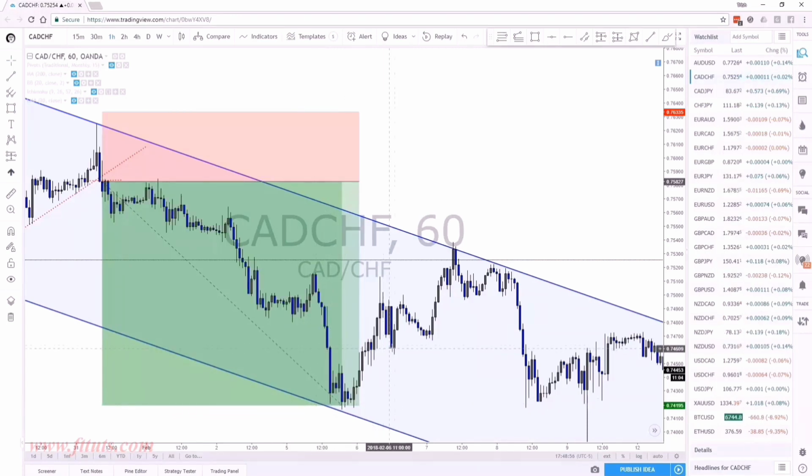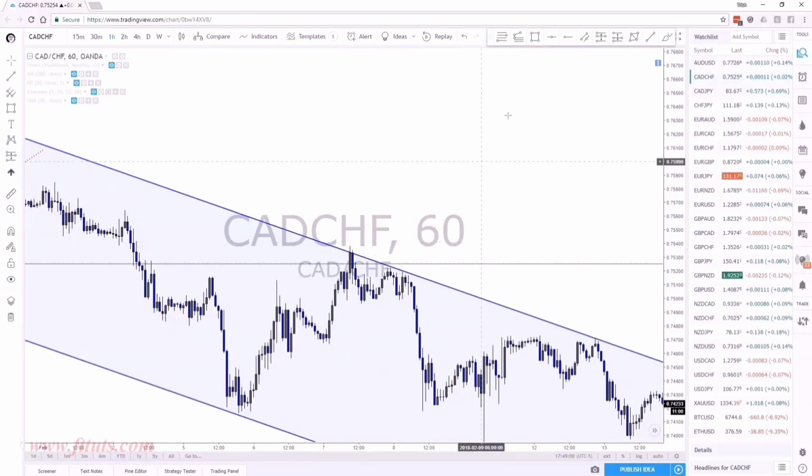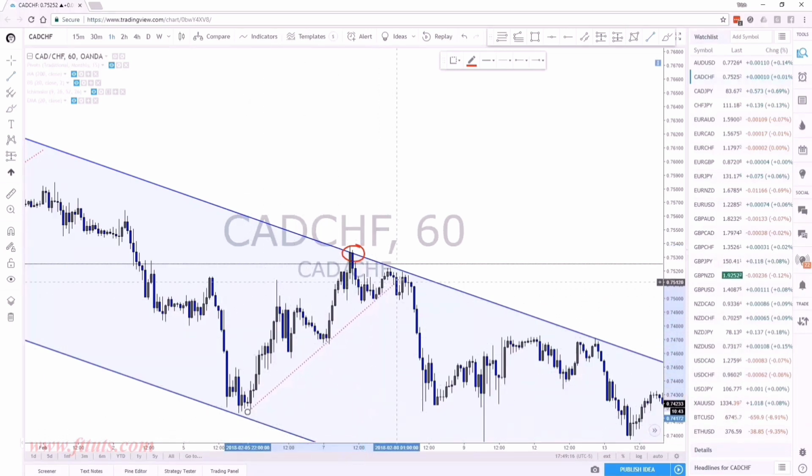Now let's look at the next trade, and that opportunity would be at the next retest of the upper limit of the channel. Okay, again, so we have this retest of the channel. We can easily trap price with a counter trend line here to here.